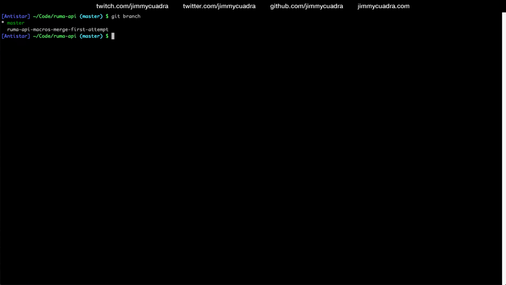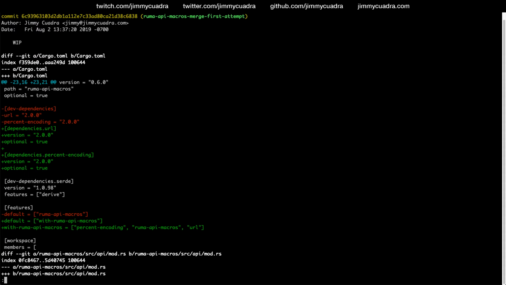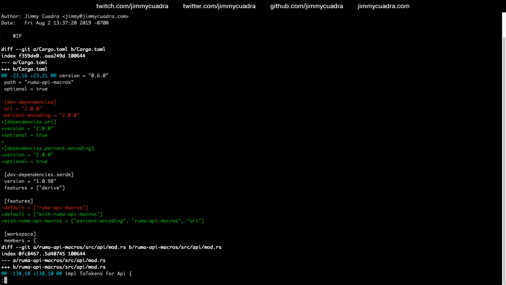Okay, so what I actually wanted to do here was just look at this one remaining branch. So I'm going to look at Ruma API macros, merge first attempt, and see what we actually changed. I'm more or less going to just redo what we did before.